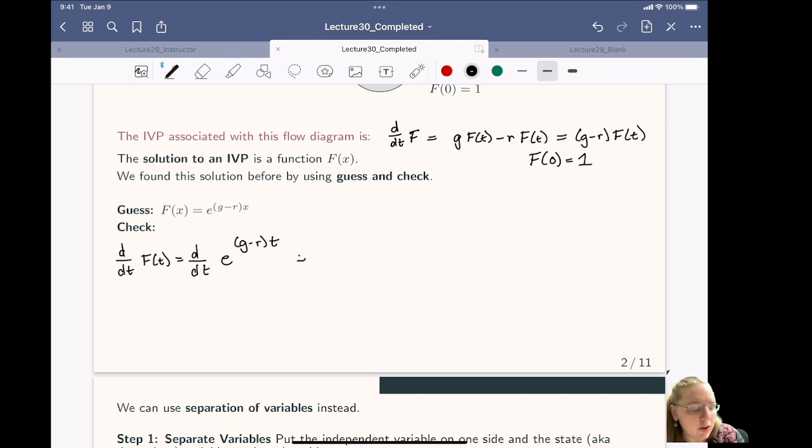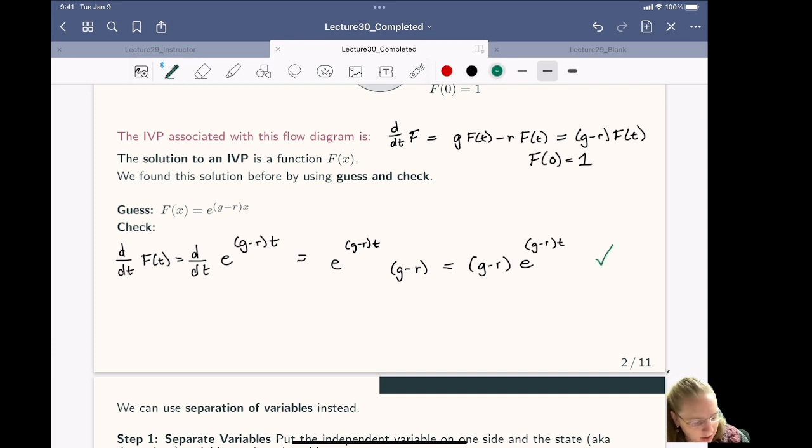Taking the derivative, we have the derivative of an exponential, which is just simply the exponential. But then we have to use the chain rule. So we have this as our u, and we take the derivative of that, and we get g minus r, or simplifying, we have g minus r times e to the g minus r times t.